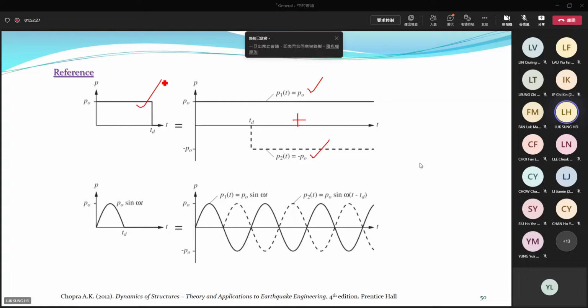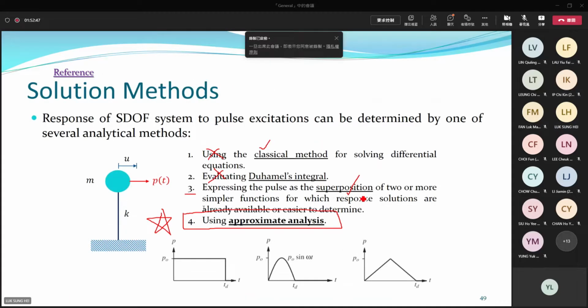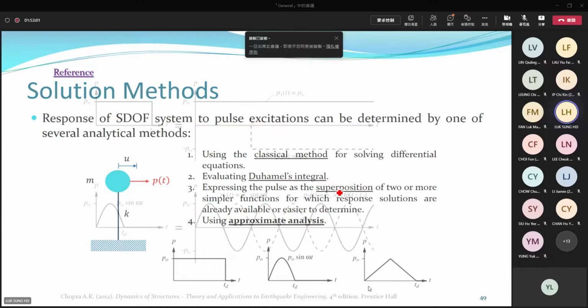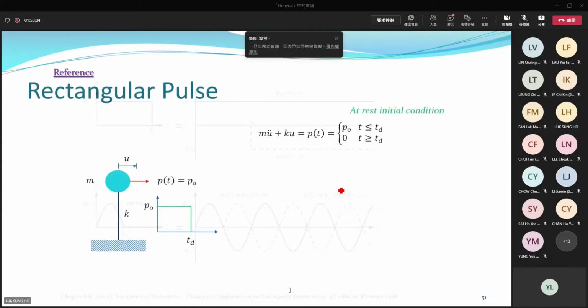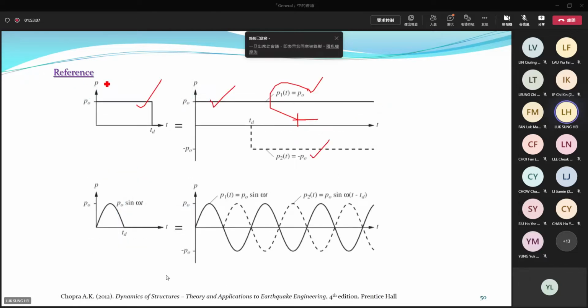So the idea is that if we have some standard solution, due to step force, due to a ramp force, due to maybe a sine wave, then you can superimpose the result together to get some simple shapes. The basic idea is you have to get some basic solution first, and then you can play with those simple solutions to form different patterns. Not general, but at least there are some way how to use the existing outcome. This one is just for your information, not for assessment.